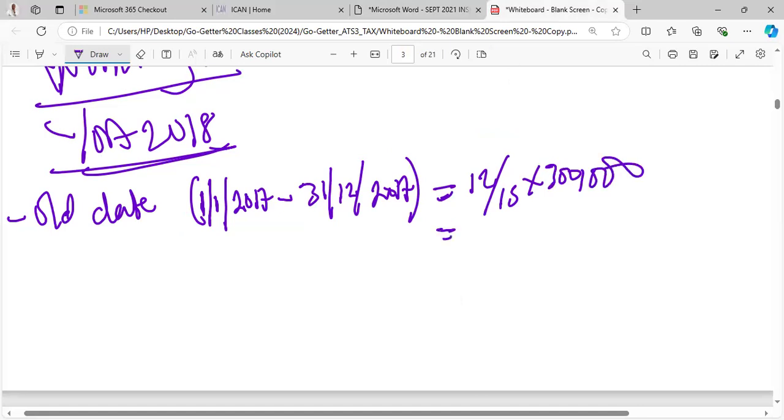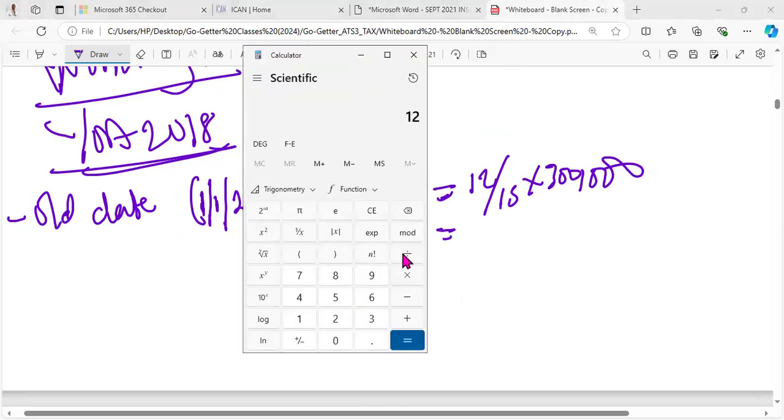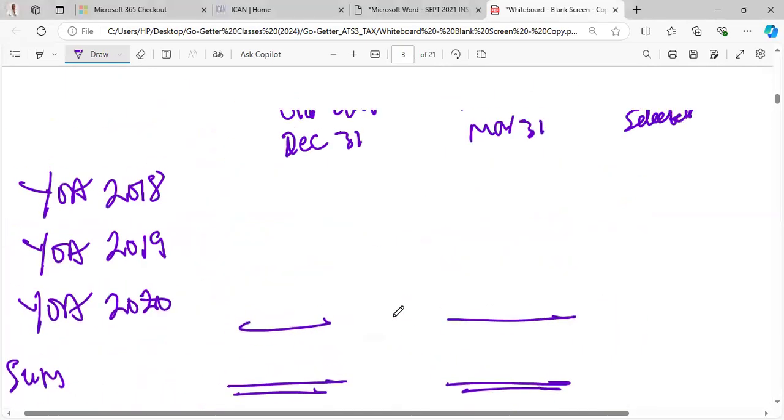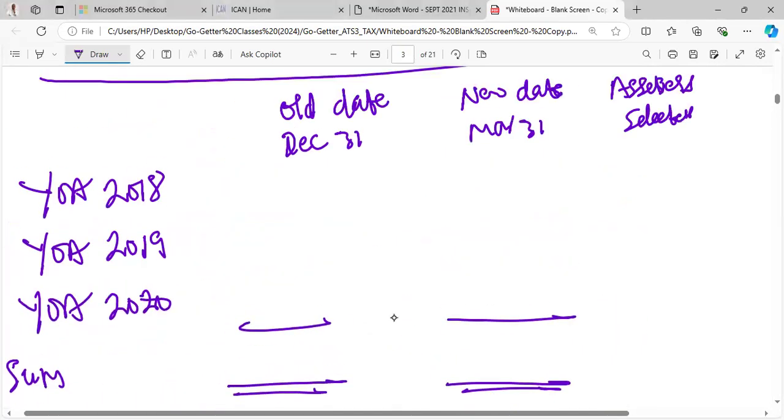What would that give me? 12 divided by 15 times 300,000 gives me 240. So this is 240. I'll take it straight down here.